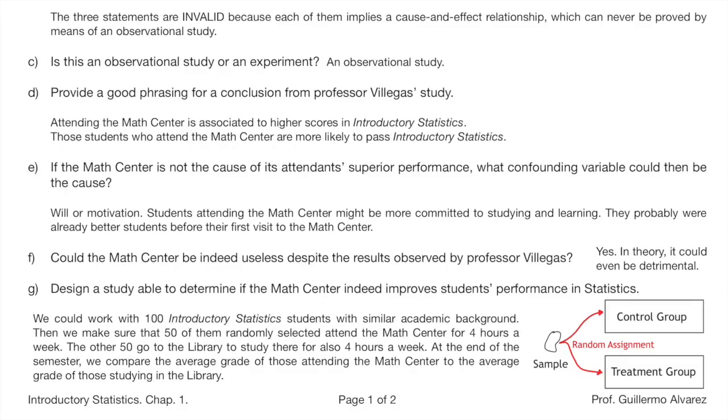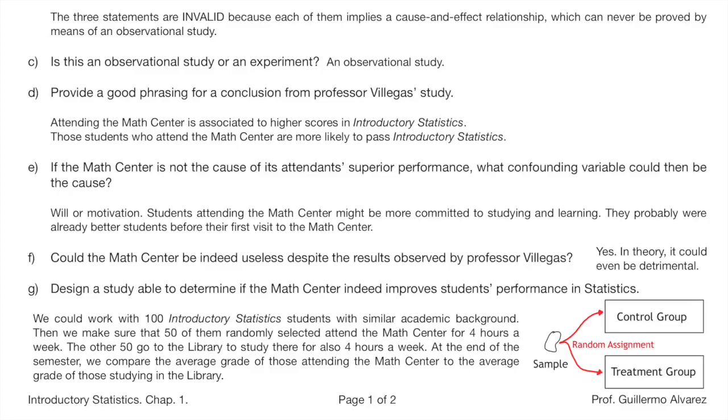Notice that we are using a bit of direct control when we make the two groups stay in their place for the same amount of time, 4 hours a week, and when we pick similar backgrounds. Most important, we are using random assignment. With this study, you would be entitled to say that the math center improves a student's performance.